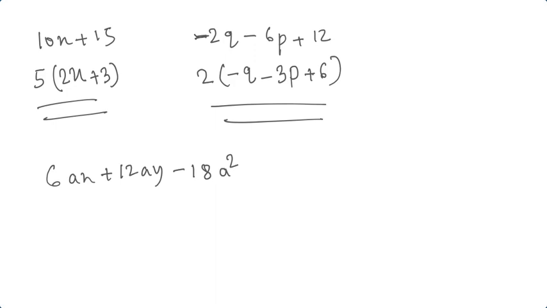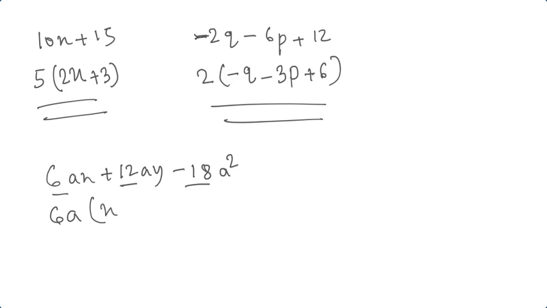Yeah, here we can see directly, we can take out 6 because all the numbers 6, 12, 18 can be divisible by 6, and we have common a in all, so a out, so bracket upon a.